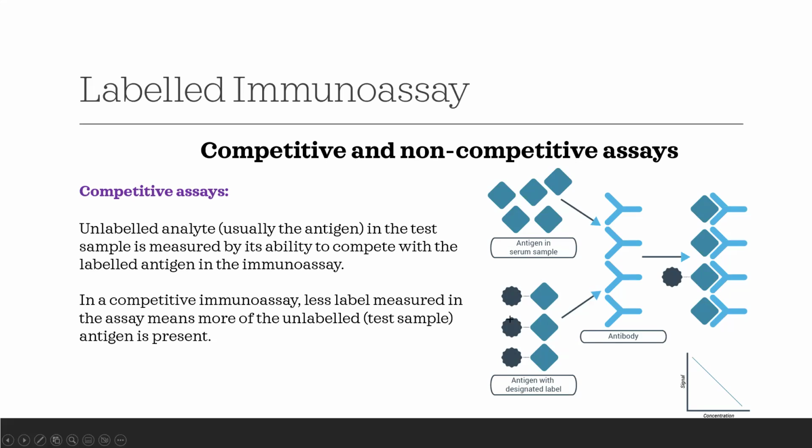These labels can be different: enzyme, fluorescent, or isotopes. We put the antigen without label, the analytes, and the antigens with labels together to bind with the antibody. Some antibodies bind with the analytes, and some of the antibodies bind with the antigen with labels.